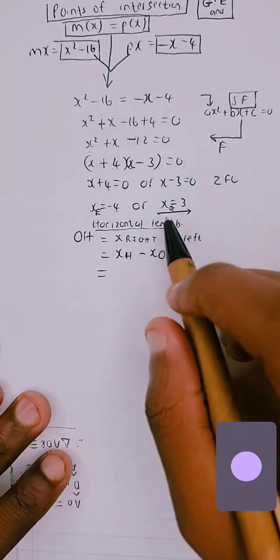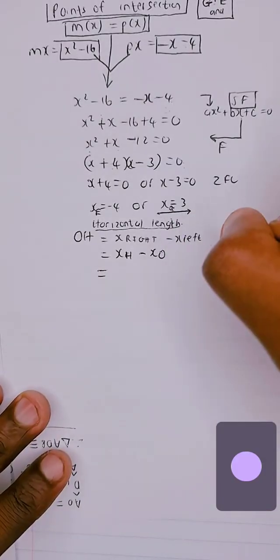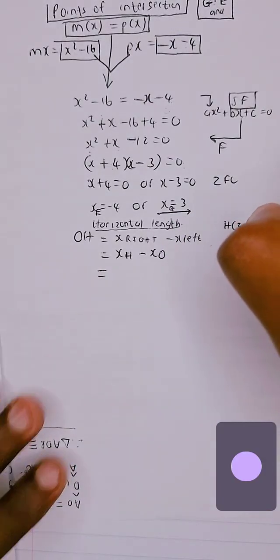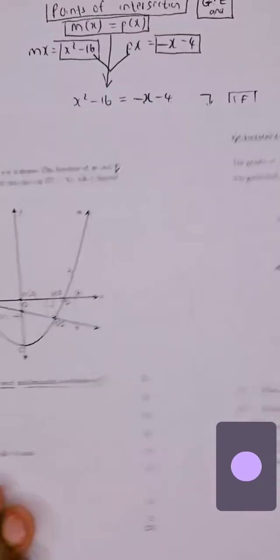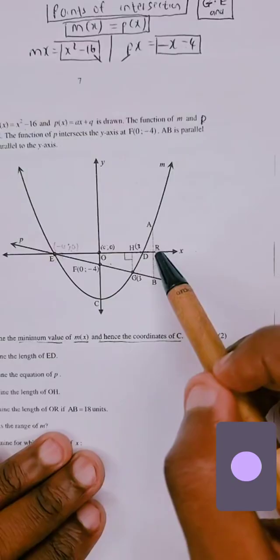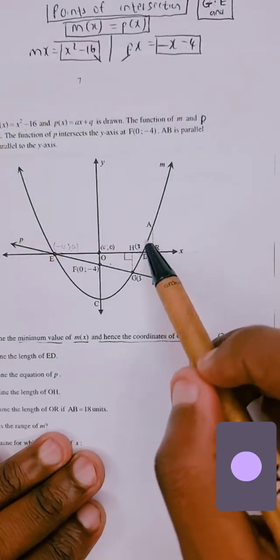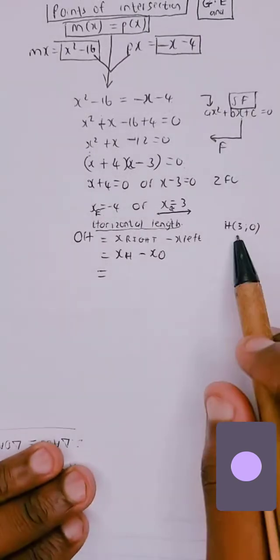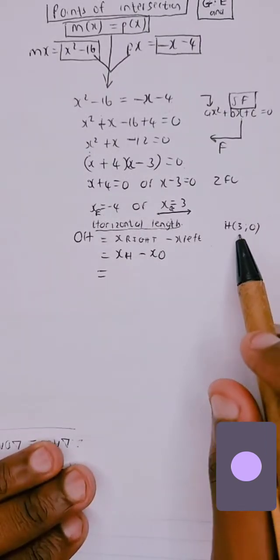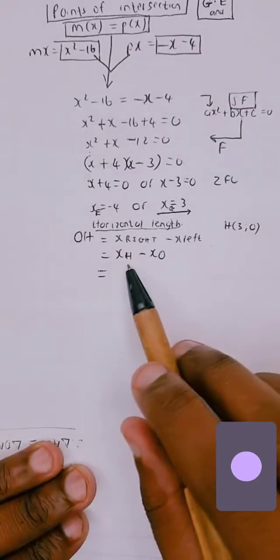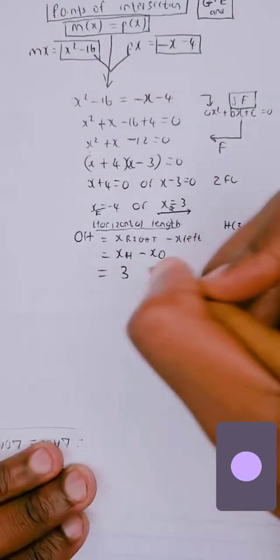But because we know the x coordinate of G, we know that the coordinates of H are 3. And because H is on the x-axis, we know also the y-coordinate, it is 0. But now we're not interested in the whole point. We are interested in the x-coordinate of the point. X-coordinate of H, 3.